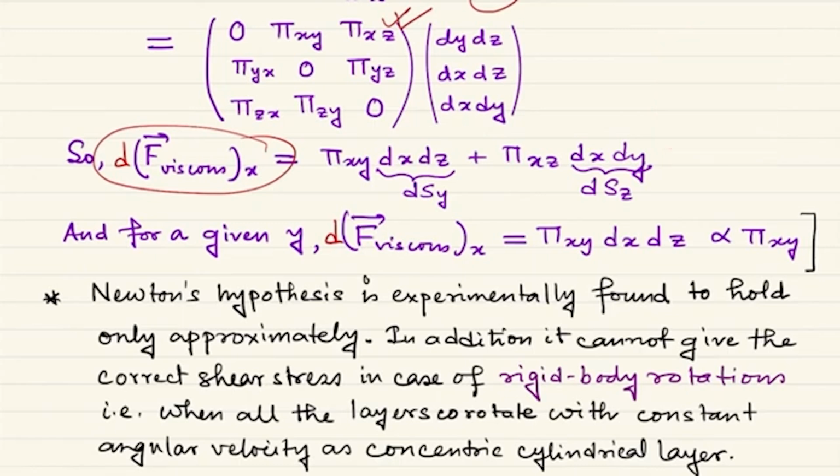Although they have different linear velocities, they don't have any relative angular velocity, so they do not have any relative angular motion with respect to each other.